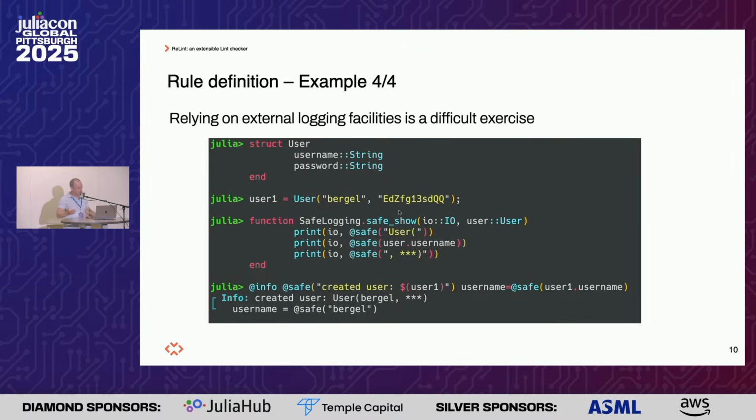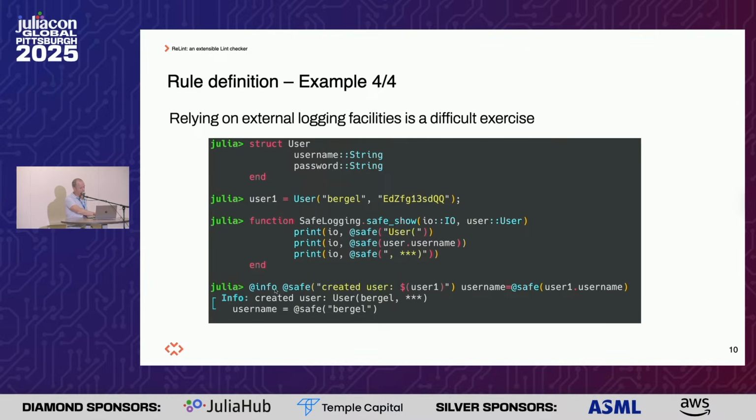So the way we can use our framework, safe logging, is you define a safe show. Safe show takes an IO and a user, and then writes in that IO, saying it is safe to write users, it is safe to write the username, and here it is safe to write some asterisks. And then you can use the safe show that way.